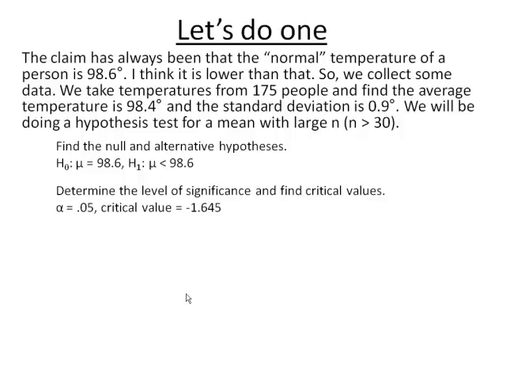And values below that, or further away from the assumed mean than negative 1.645, would be ones in our so-called rejection region. And then we'll calculate our test statistic. And we get negative 2.94. So nearly 3 standard deviations below the mean.